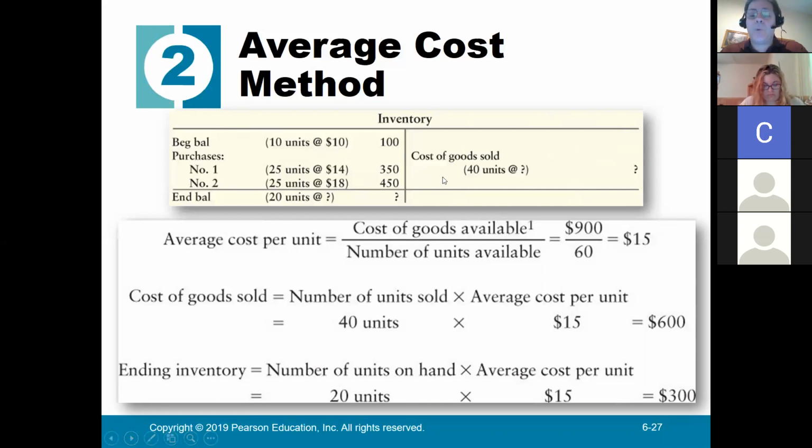So like this one, you're going to assume that the sale was made after the purchases. But using the perpetual method, at the point that we make this sale, if it was earlier than our purchase number 2, we would not include purchase number 2 in our calculation. We would only include purchase number 1.